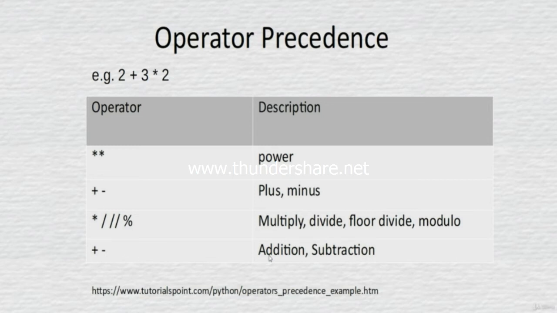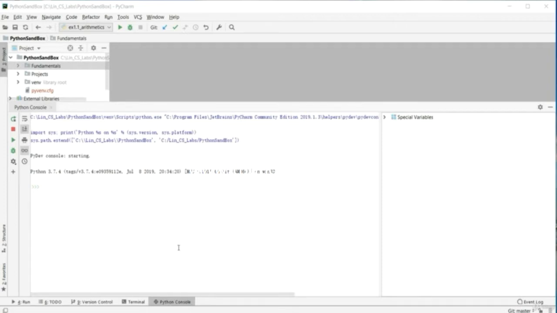Now let's work on a few examples to help us understand more about the arithmetic operators precedence. Open Python console in PyCharm. Like this. If you don't see this open, again, you can go to Tools, click Python console.